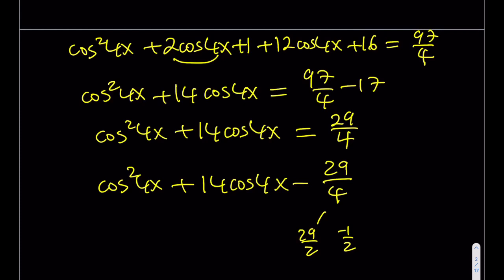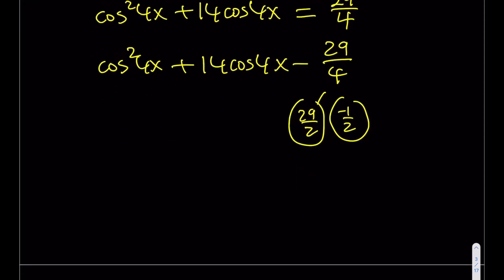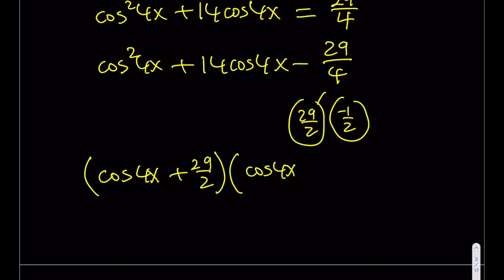You see, notice that the sum of these two numbers is equal to 14. Beautiful. So now we can write it as (cosine of 4x plus 29 over 2) times (cosine of 4x minus 1 half), and the whole thing is equal to 0.